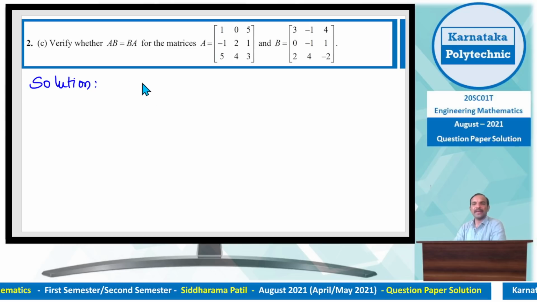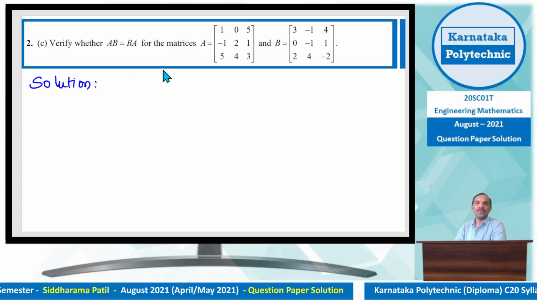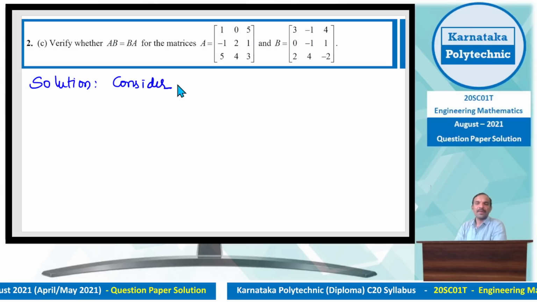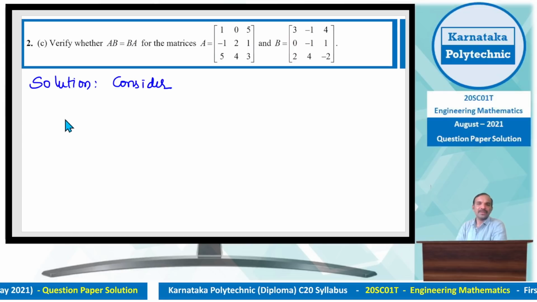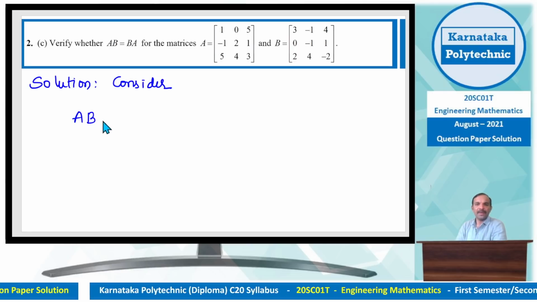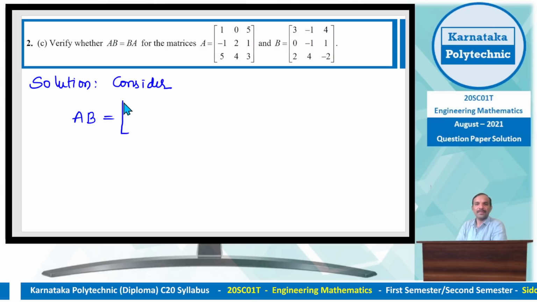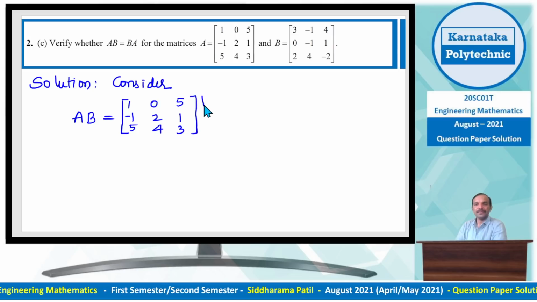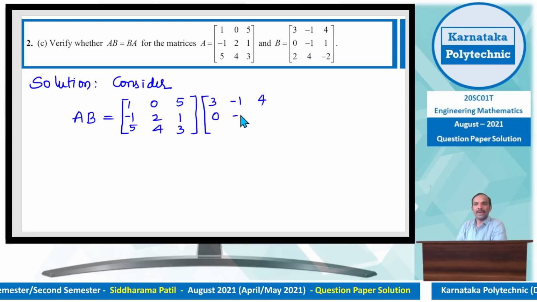First you have to write the given matrices A and B. Here I am writing directly, consider AB, to save time, but in the exam you have to write the given matrices A and B. First you have to find AB, A into B. A is 1, 0, 5, minus 1, 2, 1, 5, 4, 3, into B. B is 3, minus 1, 4, 0, minus 1, 1, 2, 4, minus 2.